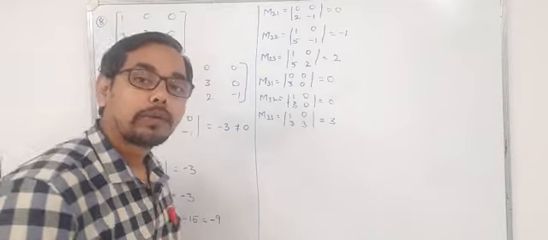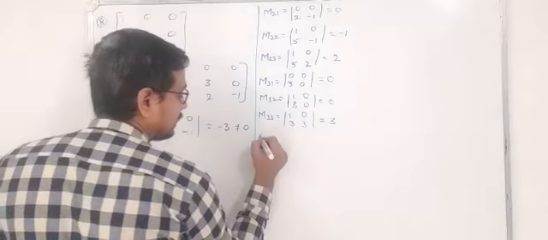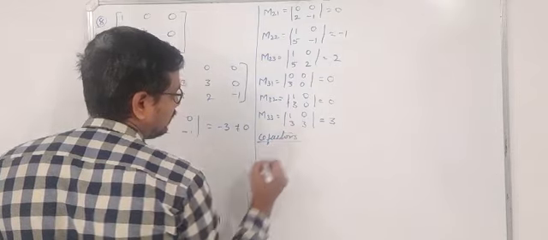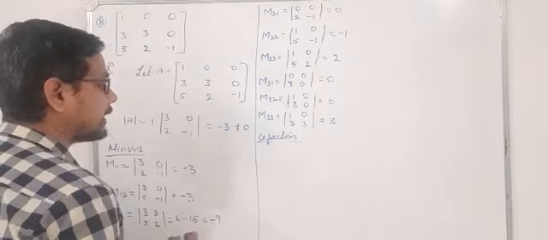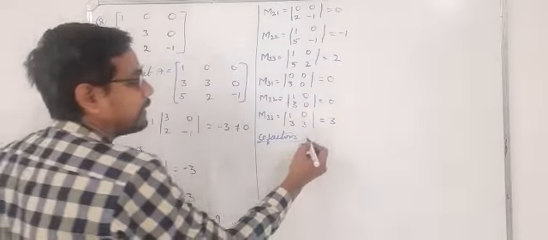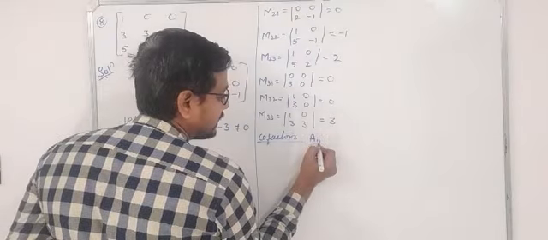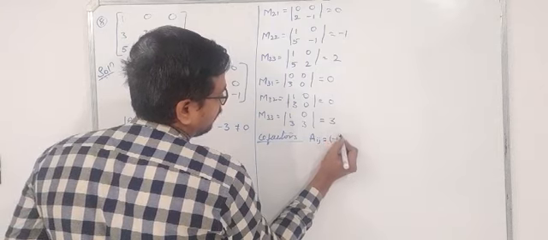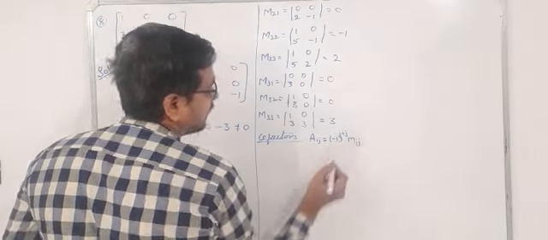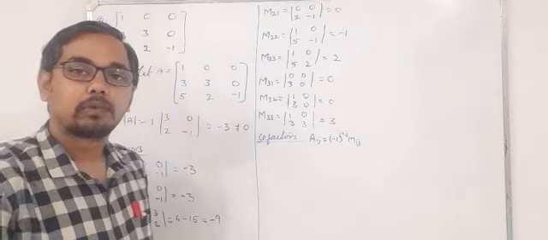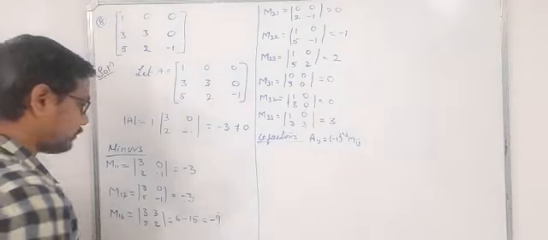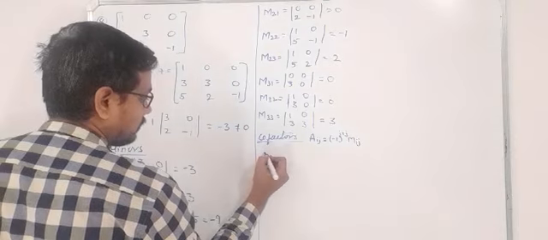Now we need to calculate the cofactors. The cofactor Aij is equal to minus 1 to the power i plus j into Mij.